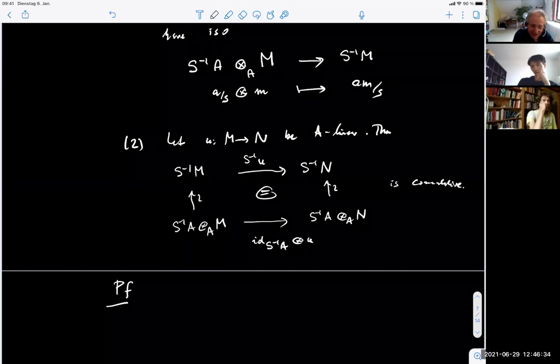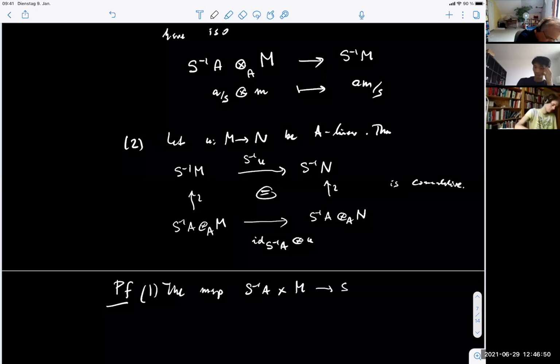At the risk that you will say it's always the same what I'm telling you, I start with the bilinear map. It sends a over s comma m to this am over s. So this map is bilinear. That's how we start.